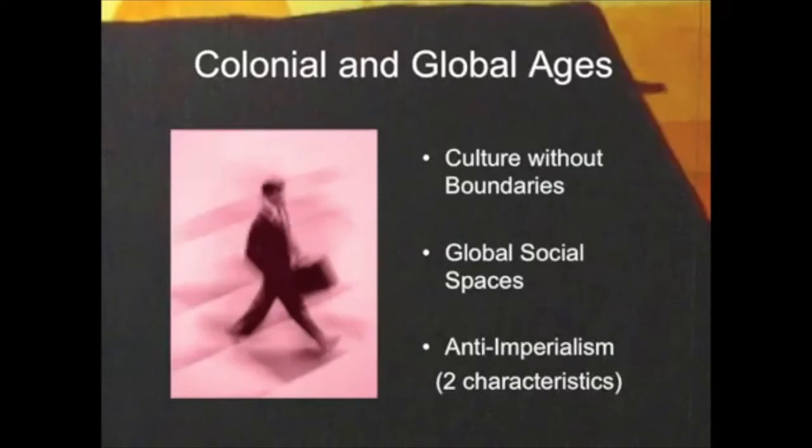It will be represented in symbolic systems and remain present even when that system of control is gone. I think the best example of this is speaking a colonial tongue even after a colonial power has left. So English in India or French in the Caribbean Sea region.